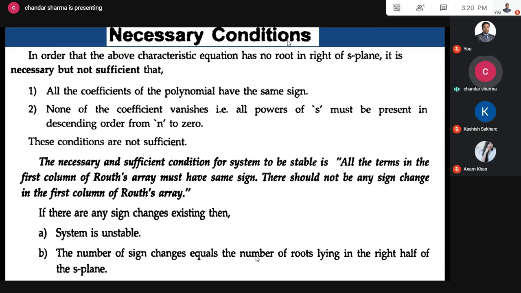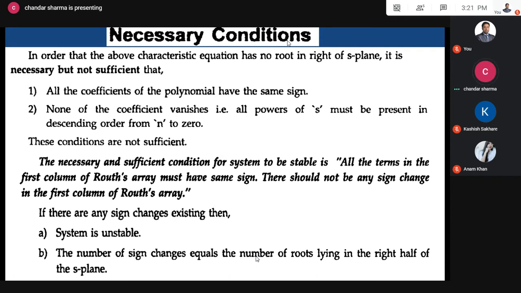That is, all powers of s must be present in descending order from n to 0. Suppose the order of the system is 4, then there should be s to the power 4, s to the power 3, s to the power 2, s to the power 1, s to the power 0, and none of the coefficients should have negative value. If my equation is 4s^4 plus 3s^3 plus 2s^2 plus 3s plus 4, then I have to check whether all the signs are positive.